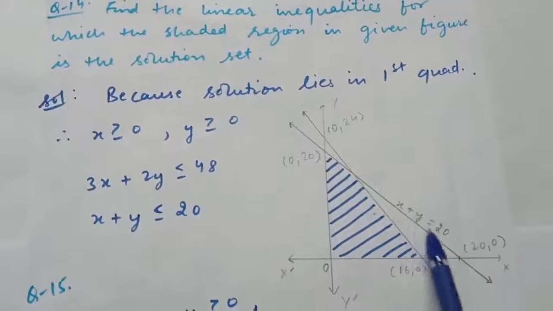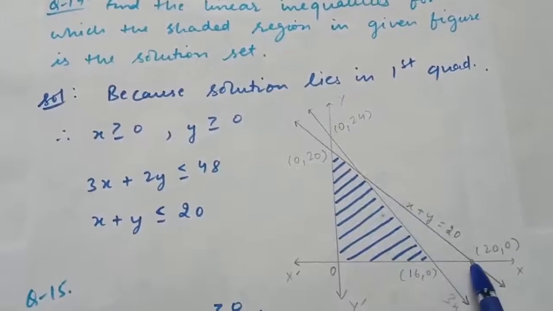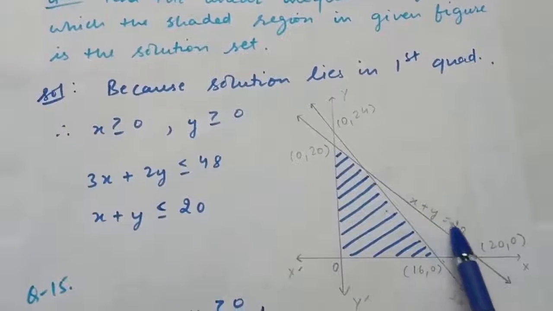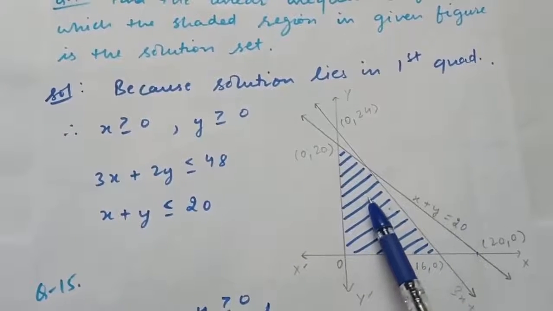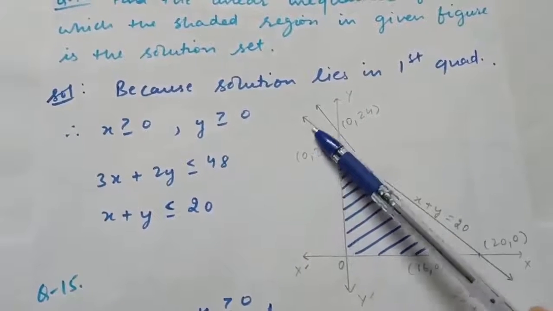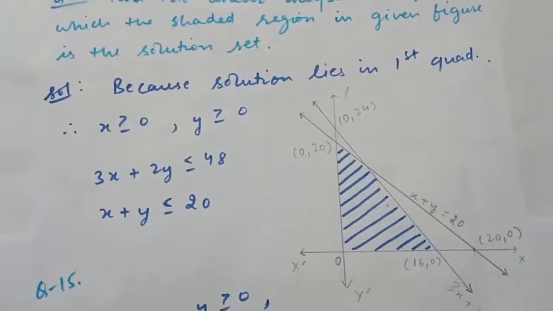Now there are these two lines. Now see, this first line is x plus y equal to 20. Also the shaded portion is towards the origin side of this line, right?